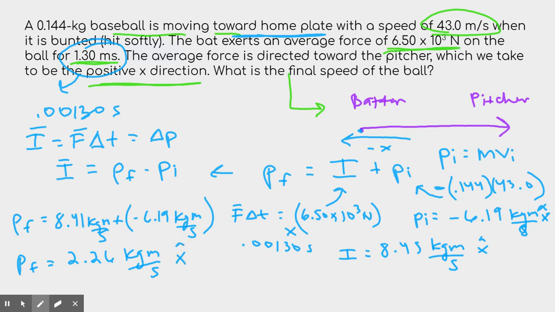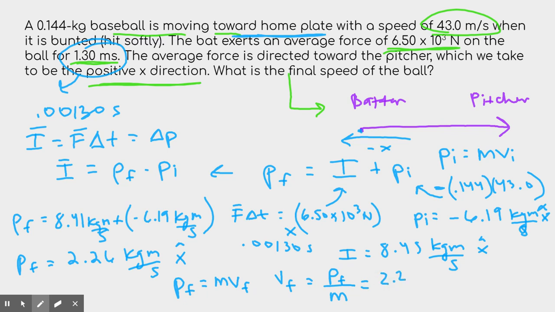So to solve for speed, we know the final momentum is equal to the mass times the final velocity. Rearrange, we know final velocity is equal to final momentum divided by m.